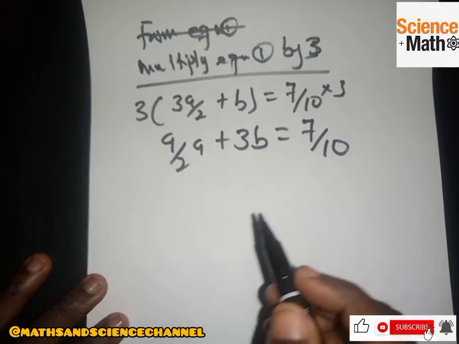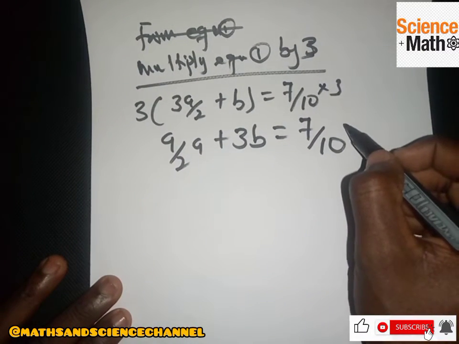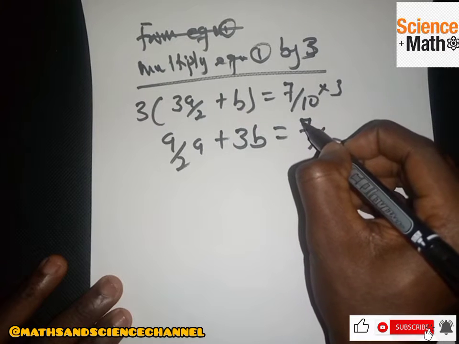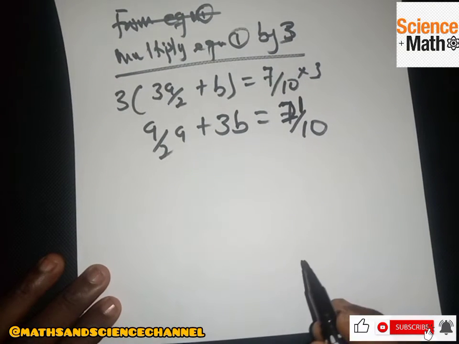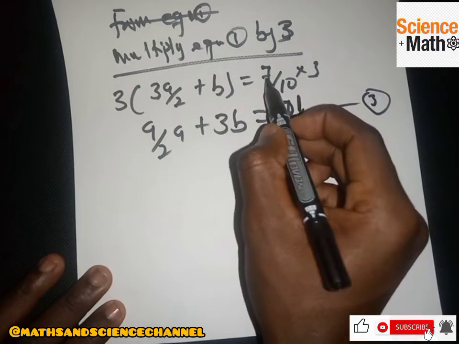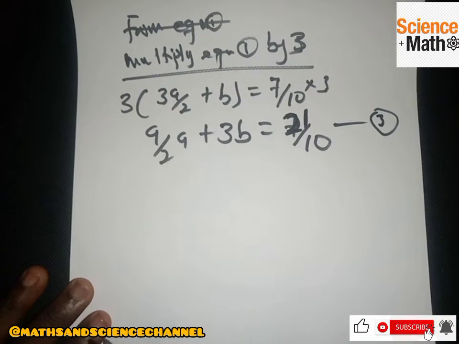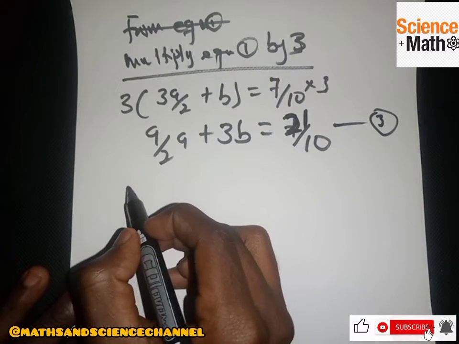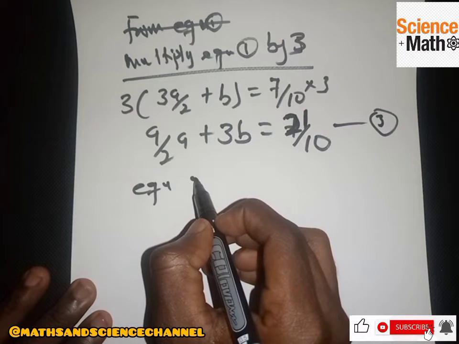So from here, this one is just 21 over 10. Yeah, so that will be 21 over 10, and let's call this one equation 3, because 7 multiplied by 3 is 21. So now from here we can go ahead and subtract.